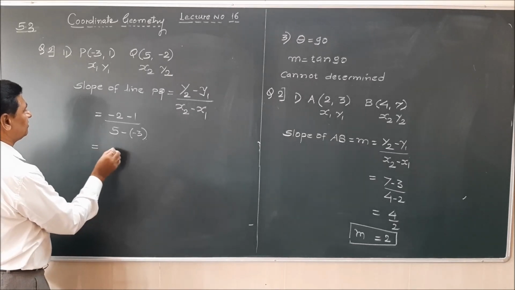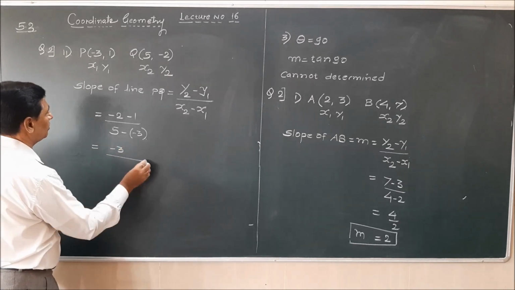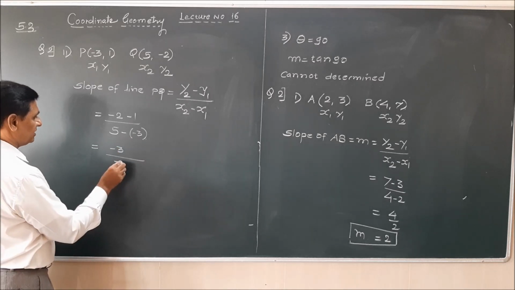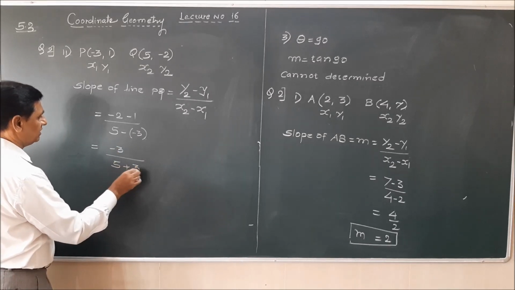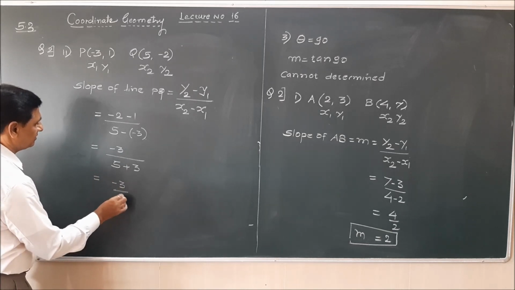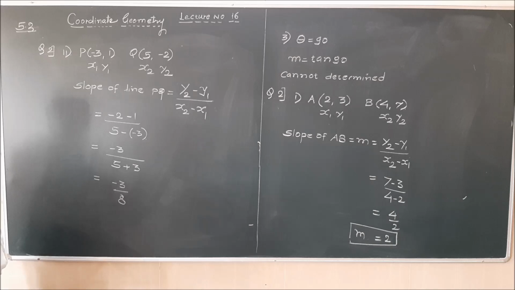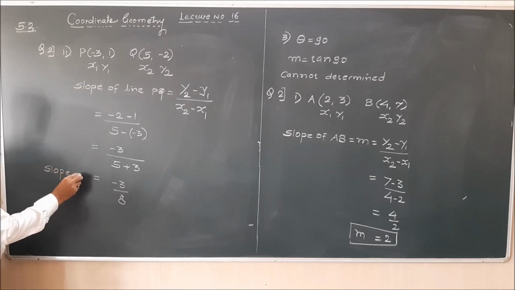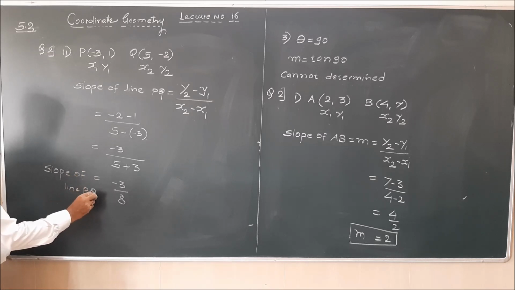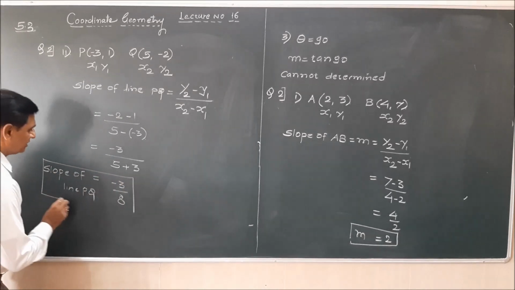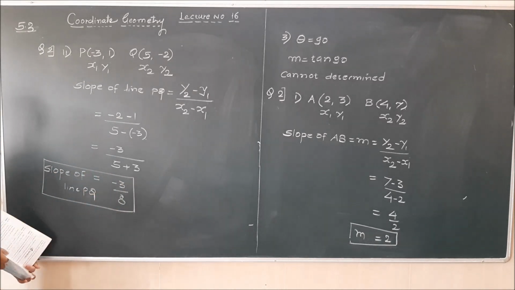So the next step is minus 3 upon 5 plus 3, that is minus 3 upon 8. So slope of line PQ is equal to minus 3 upon 8.